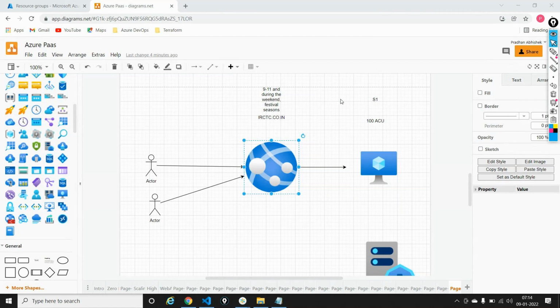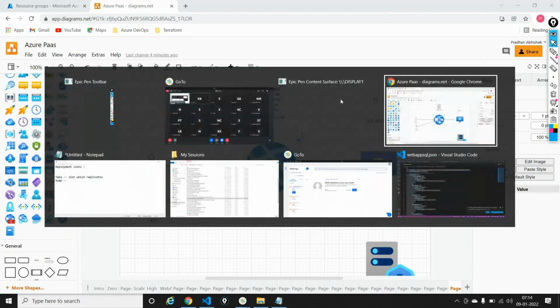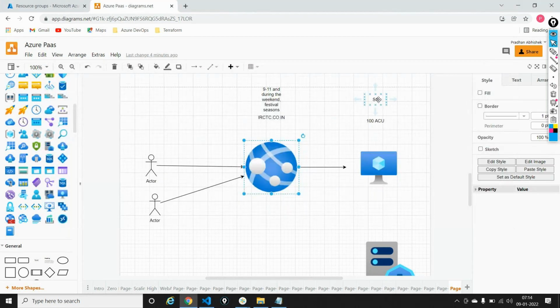If you're going on a P1 V1, if you are scaling your plan up from S1 to P1 V1, you'll start incurring those costs. But is there any other solution that I can think of to accommodate these users without having to scale my plan up?